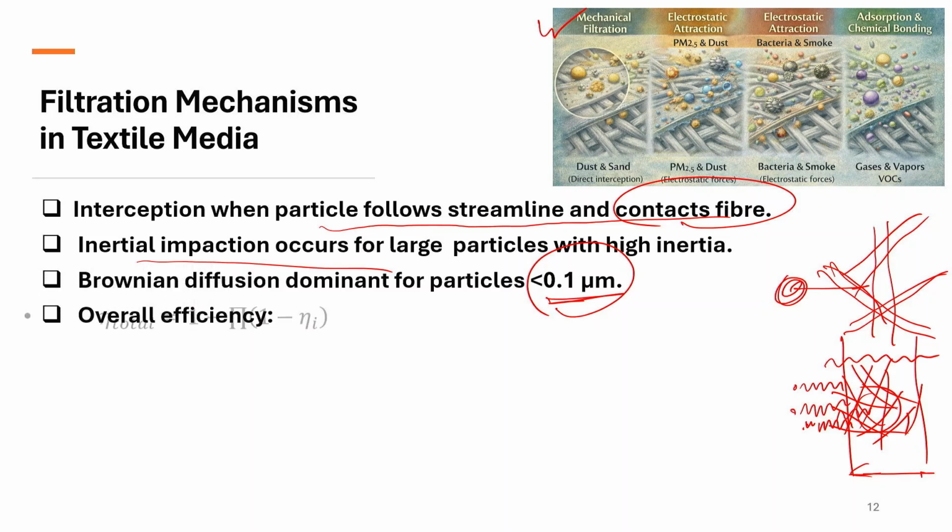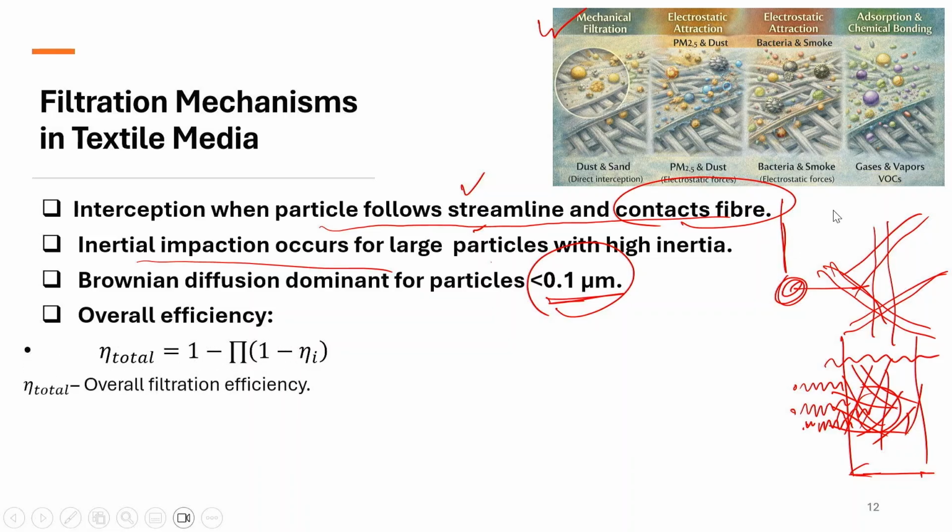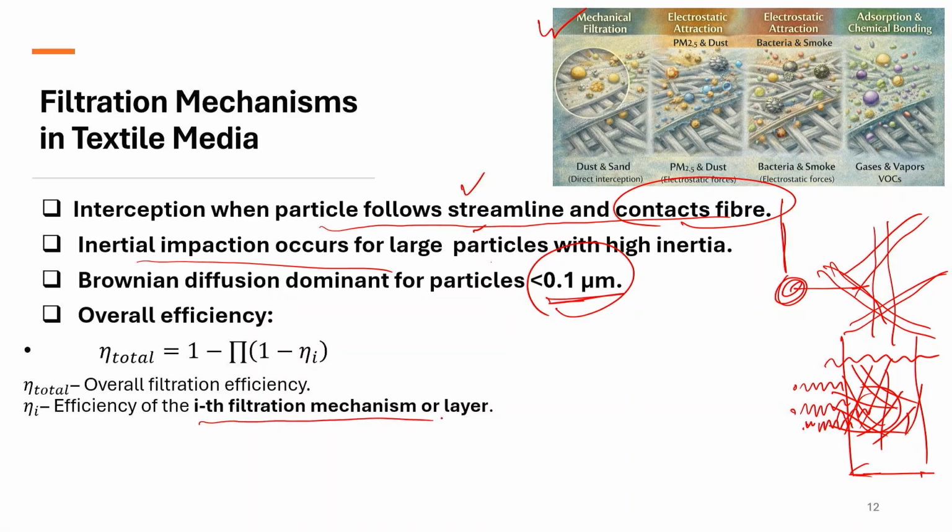And so, overall efficiency, as we have discussed, this is the total efficiency, because we can add all the efficiencies of the different mechanisms. Different mechanisms will have their individual efficiency, and we can get the total efficiency. Okay. Total efficiency can be calculated. So, for each, the ith filtration mechanism, or even at different layers, there will be a filtration efficiency. Okay.